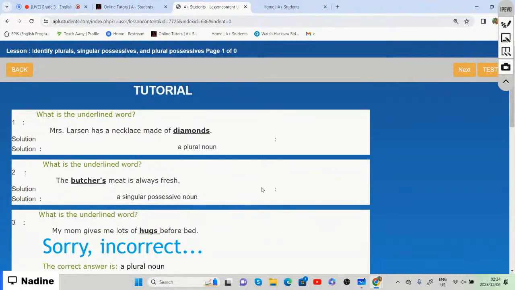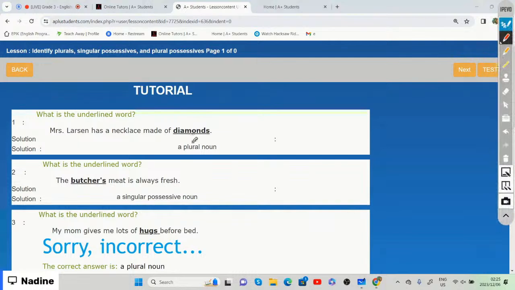So diamonds. And remember when we have an apostrophe and s, then it shows possession. But if there's no apostrophe and it's just an s, then we can just say it is a plural noun. And that is correct. This is a plural noun. It doesn't show possession and we did not add an apostrophe.